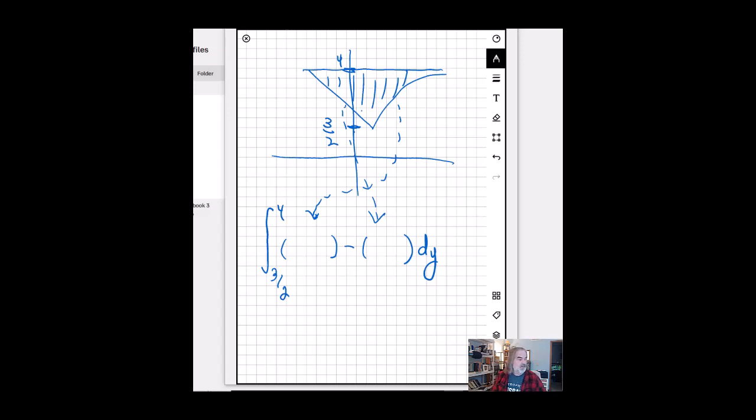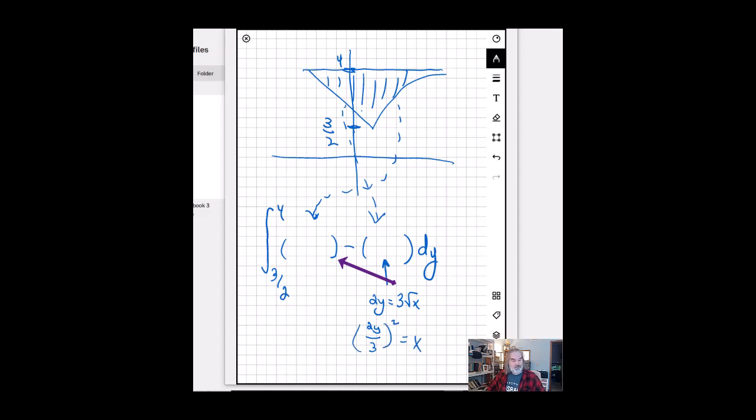So one of them was, what, 2y equals 3 square root of x. That's the one that's going to go here. Well, in terms of y, that is 2y over 3 equals square root of x, or 2y over 3 squared equals x.